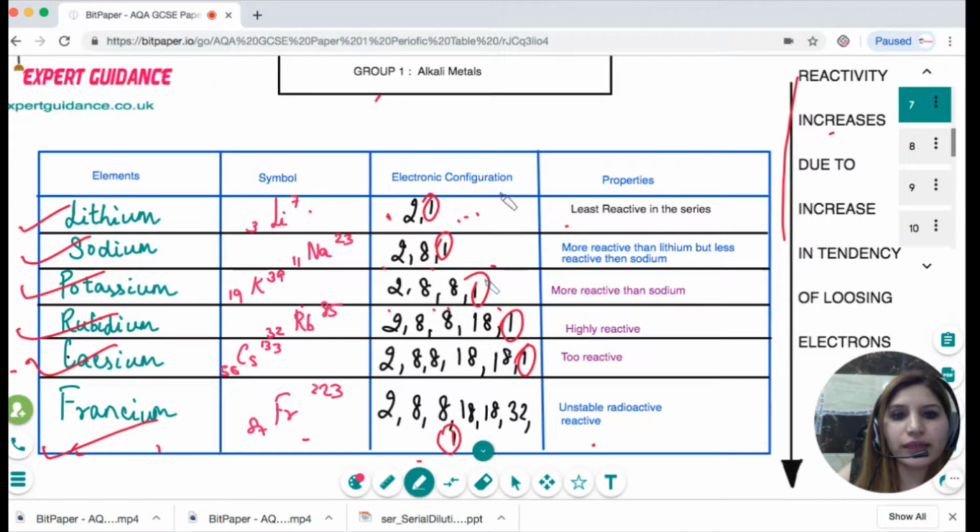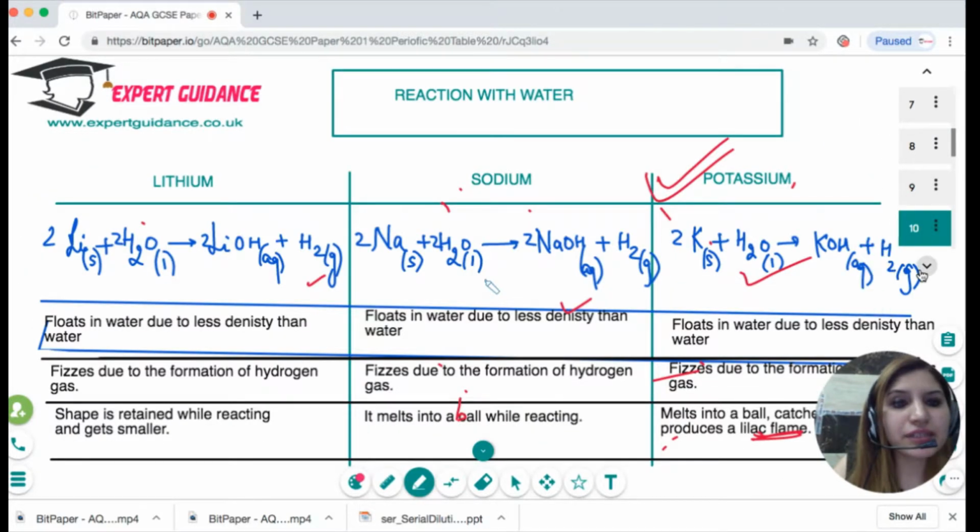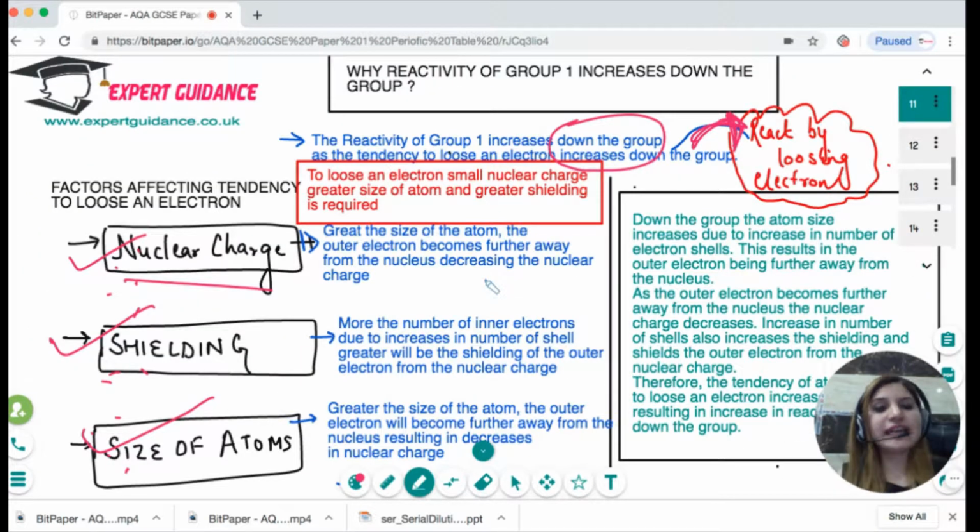So once we go down the group, if you see the electronic configuration of the group 1 elements, can you see that the shells are increasing? So there are more electrons that are being added. So the atom is getting bigger in size. As the atom is getting bigger in size, the outer electron is getting further away from the nucleus. So as the outer electron is getting further away from the nucleus, the nuclear charge decreases.